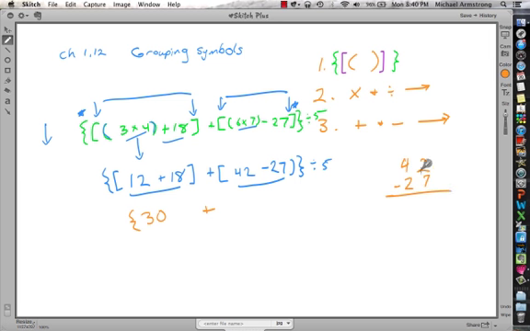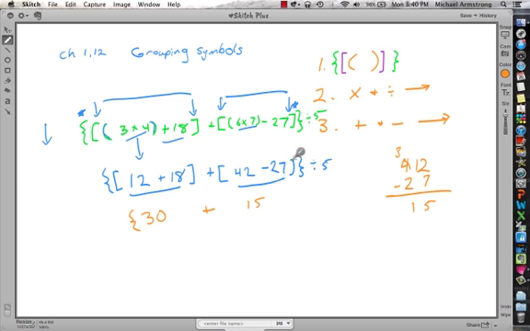Remember, you just come like this. This is one where you have to borrow. Most of you are familiar with that. Borrow from the tens. This is 4 tens, so now we have 3 tens, and we added a 10 to the 2, which makes 12. That's how that works. 12 take away 7 is 5. 3 take away 2 is 1. So 42 take away 27 is 15.